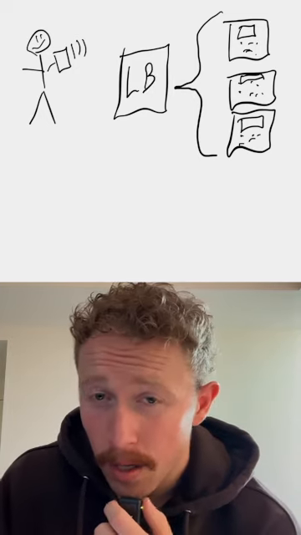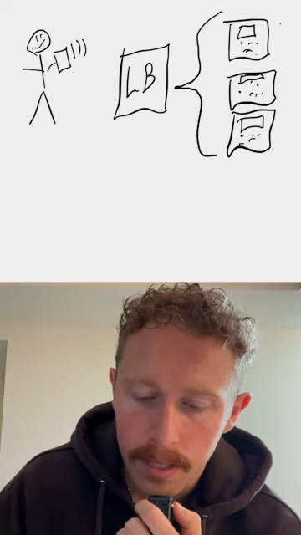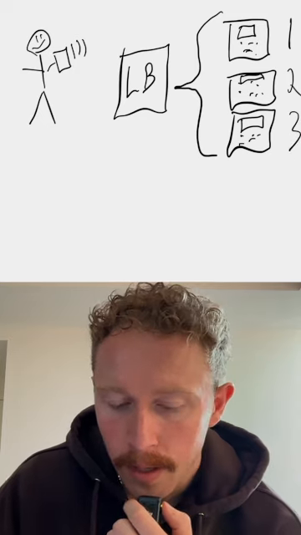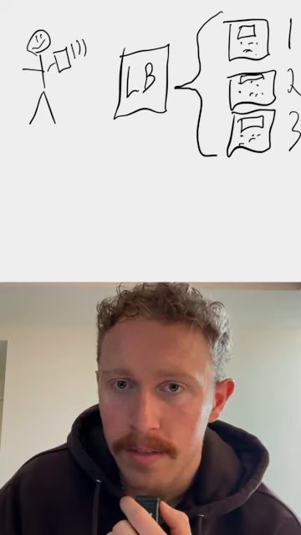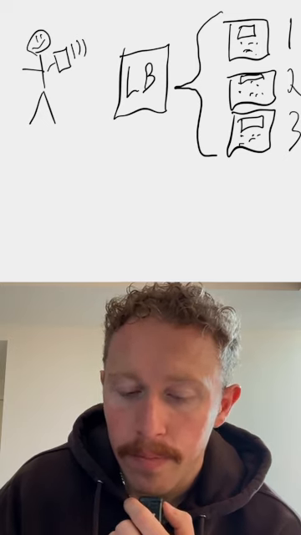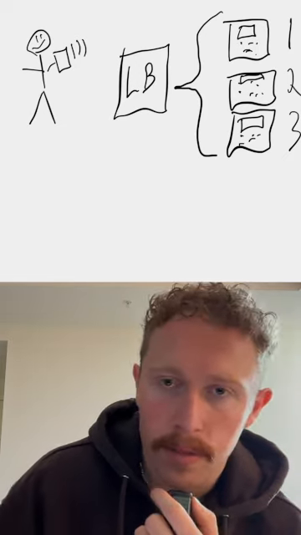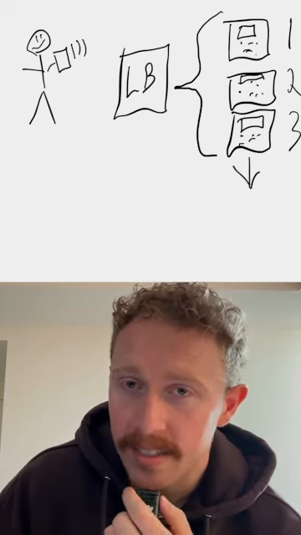A load balancer is going to sit in front of all of these computers that you had, one, two, and three, and it's able to serve the request to whichever computer is available.